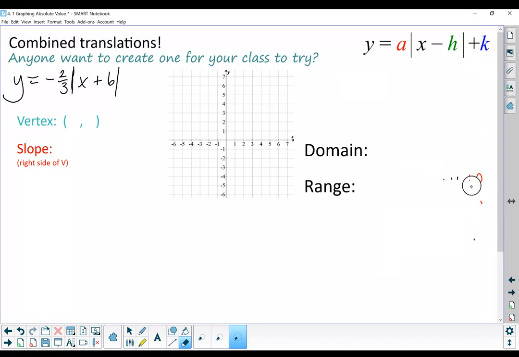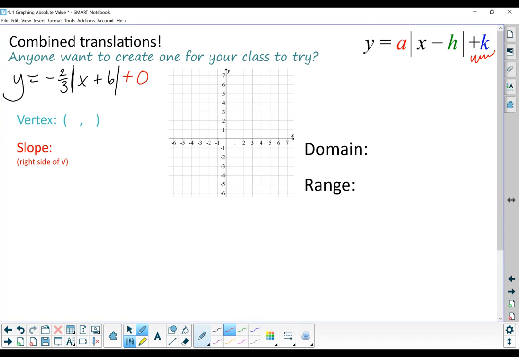So our graph is negative 2/3 times the absolute value of x plus 6. So when you first look at this, we can't see this 0 at the end, but there is not a number being added over there. So it would just be a 0. So our vertex is at -6, 0.